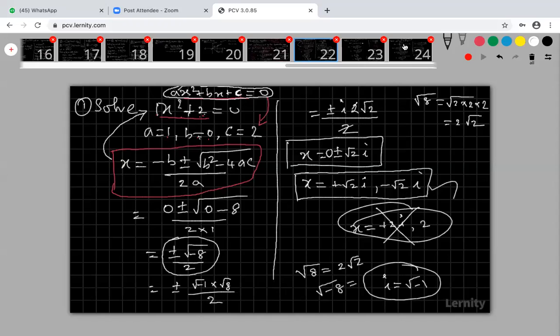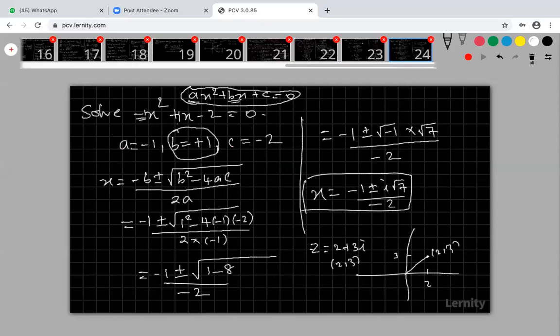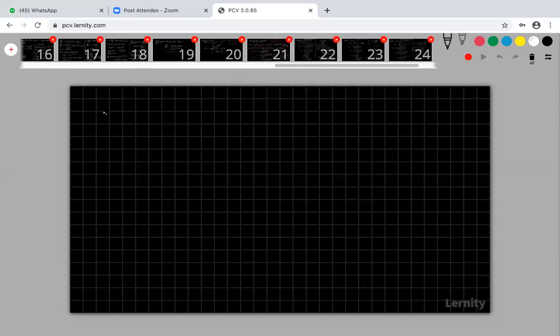Are you okay, Dinesh? Any doubt? Yeah, you can cancel it, Akif Hussain. Sir, the denominator has a minus and the numerator also has a minus, we can cancel it. Okay, but if you cancel it, many of the students made mistakes. If you cancel it, you have to write it like this and cancel. The question is minus 1 plus or minus i root 7 divided by minus 2.